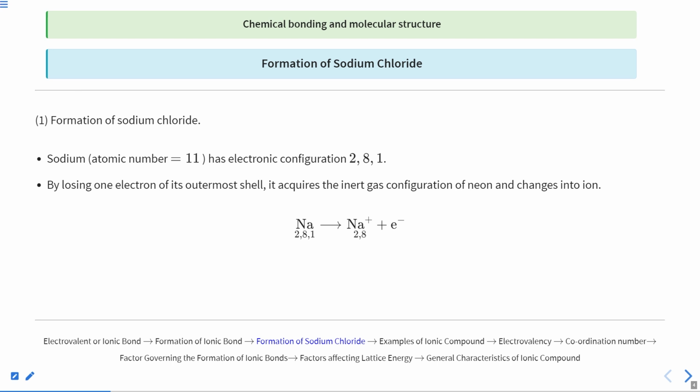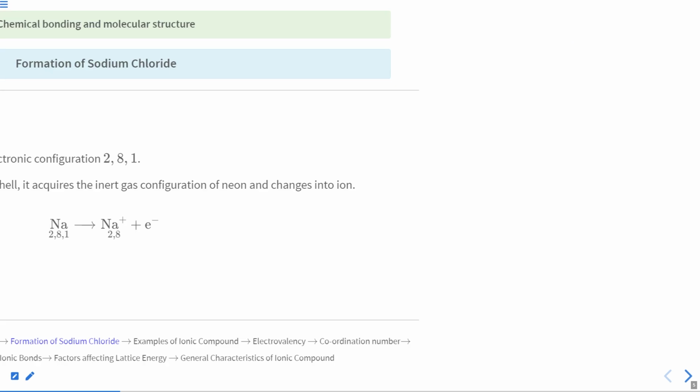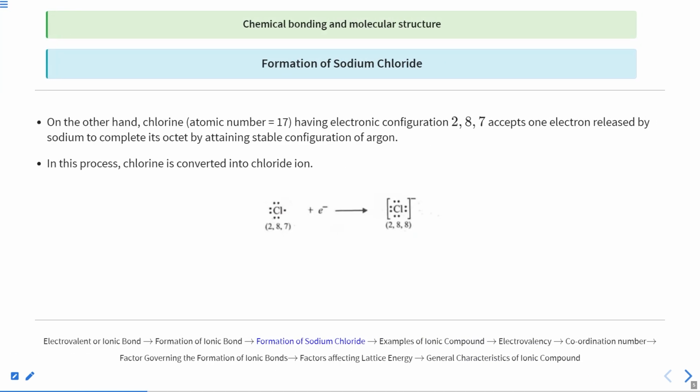After losing one electron, it will have 8 electrons in the outermost or valence shell, and this conforms to our octet rule. Similarly, chlorine has 7 electrons in the valence shell, so it will gain that one electron lost by the sodium to obtain the Cl minus configuration, or the noble gas configuration of 2,8,8.